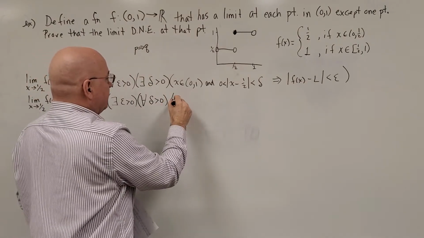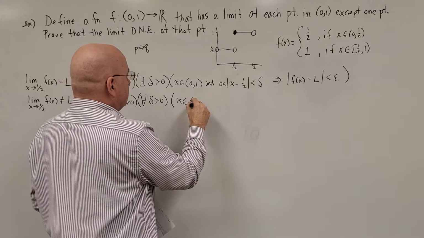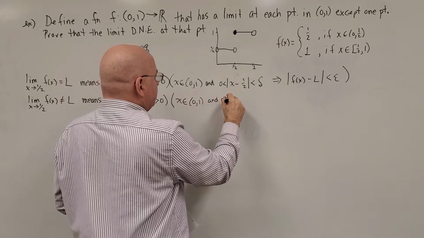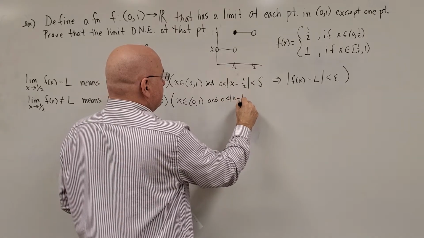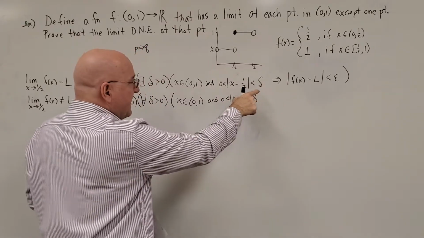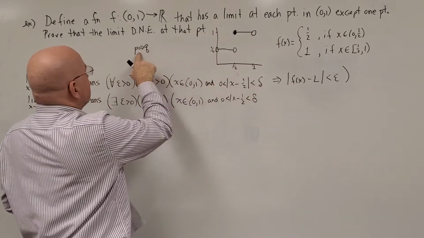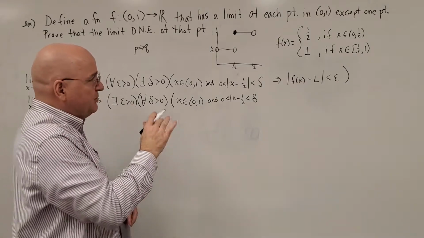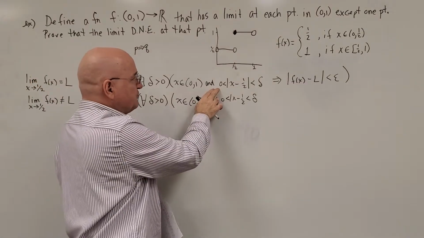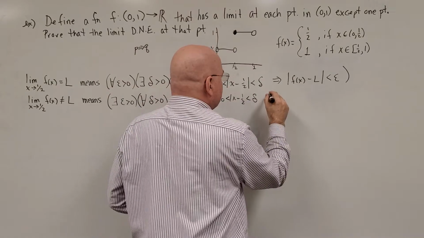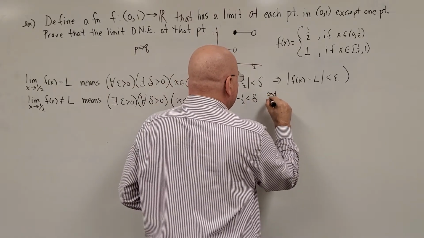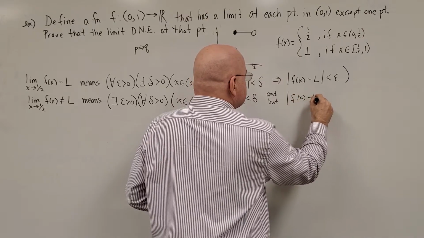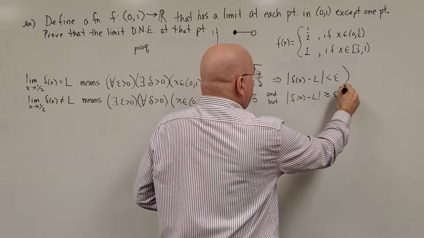So I need x in 0, 1, and the distance from x to 1/2 less than delta to be true, but this to be false. That's how you negate an implication: make the first part true, make the second part false. And I'll use the word and or but: the absolute value of f of x minus L is greater than or equal to epsilon.